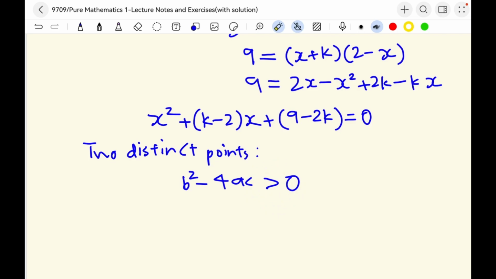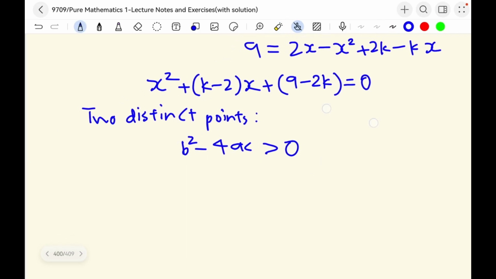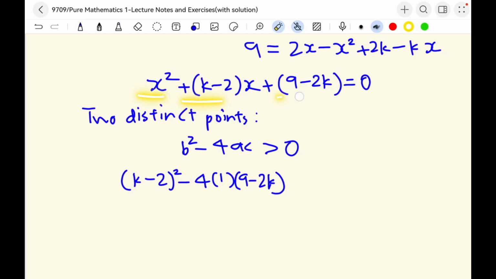So if I'm the examiner, if I see you put the equal sign inside the inequality, no marks for you, because you didn't obey the question or you didn't understand what the question says. Okay? So b is (k minus 2) bracket squared, minus 4, a is 1, c is 9 minus 2k. A, B, C, a is 1. Okay?